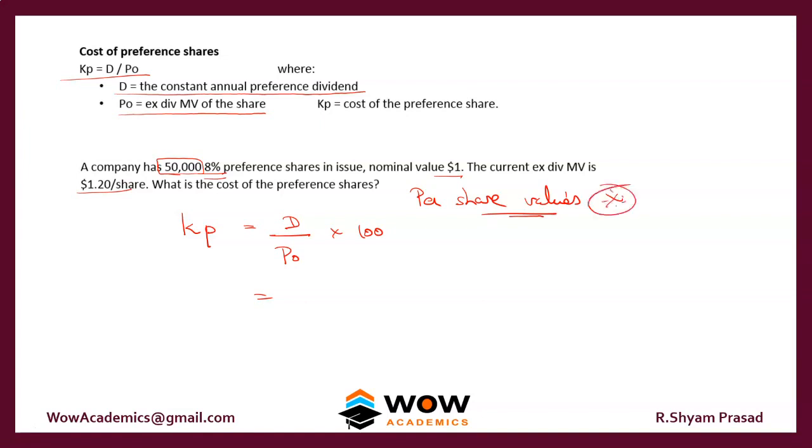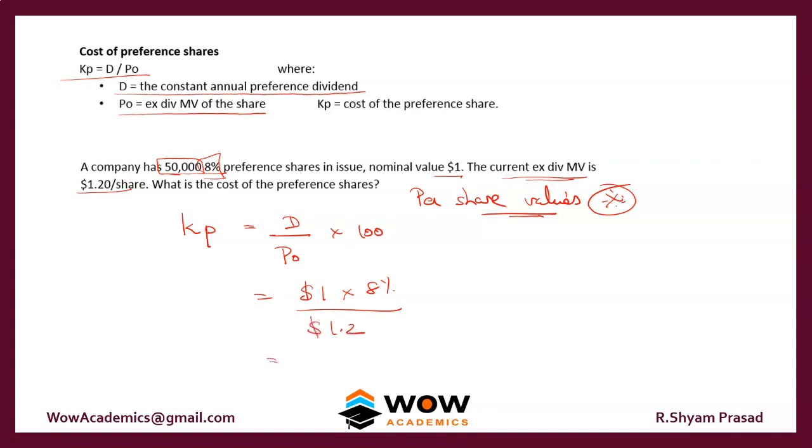For example, what is the dividend per preference share? See, dividends are declared at the face value or nominal value. So 1 is the nominal value into what is the percentage of preference dividend given? It's 8% of the nominal value. So it's 8% divided by the current ex market value of the preference share, that is 1.2.